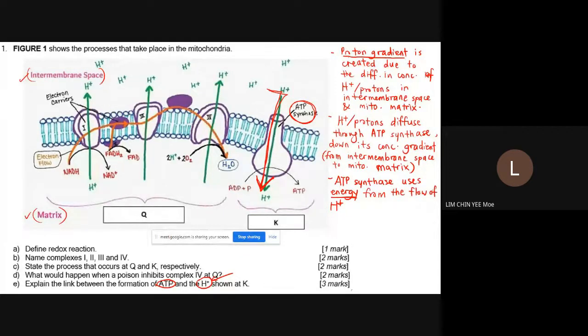It's because the flow of H plus, semasa H plus go through the ATP synthase, dia akan release energy. Dan energy inilah yang digunakan oleh ATP synthase to catalyze the formation of ATP from ADP and inorganic phosphate.